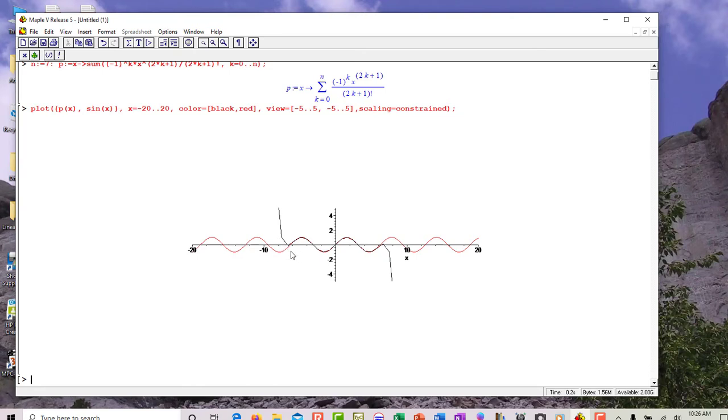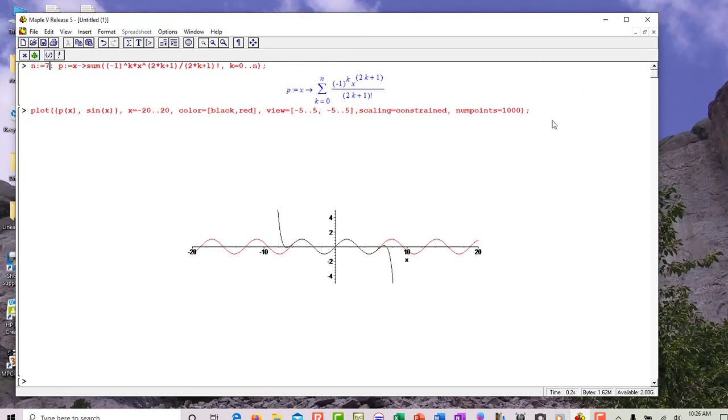It looks pretty clunky here, and that's just a function of not plotting very many points. I can make my computer plot more points, and you can see that the curve is smoother now, but it still is very, very bad. After all, with n equals 7, we're dealing with a polynomial of degree 15.